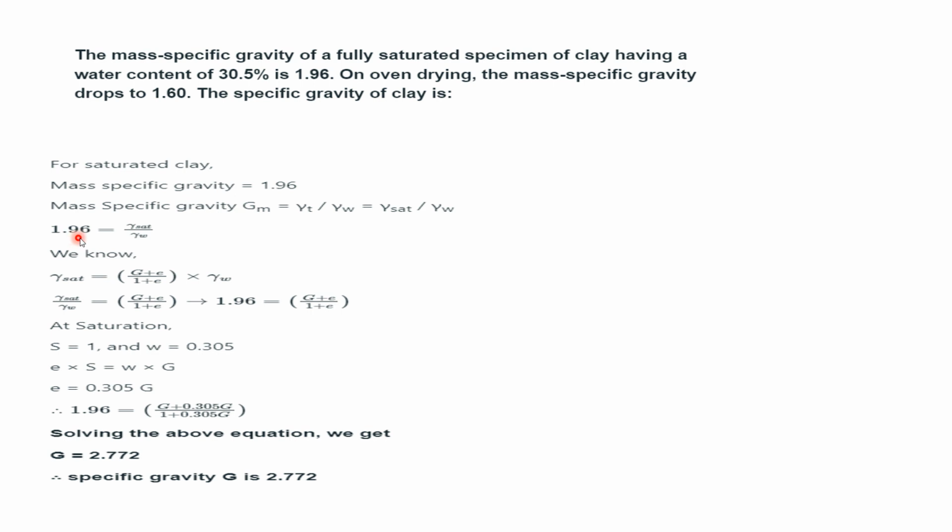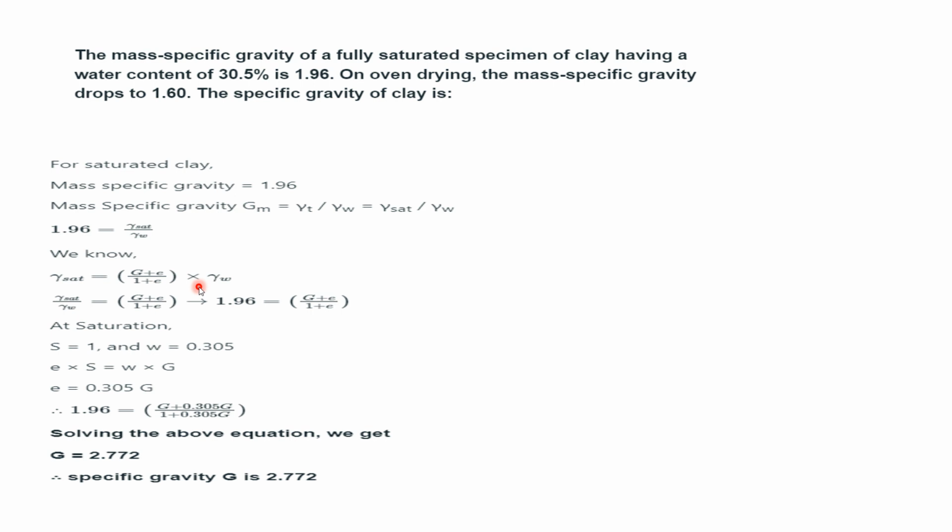So 1.96 equals gamma sat by gamma w, that is what is given. Gamma saturated equals (G plus e) by (1 plus e) into gamma w.